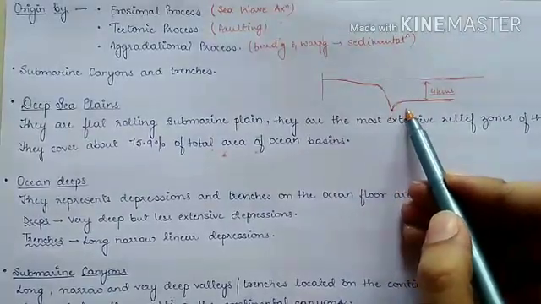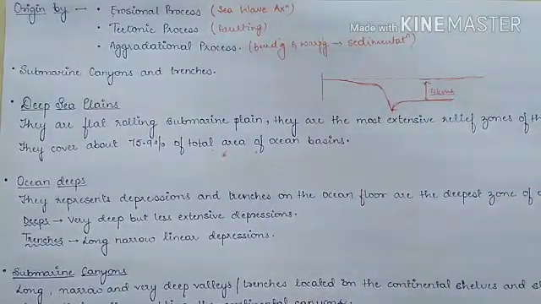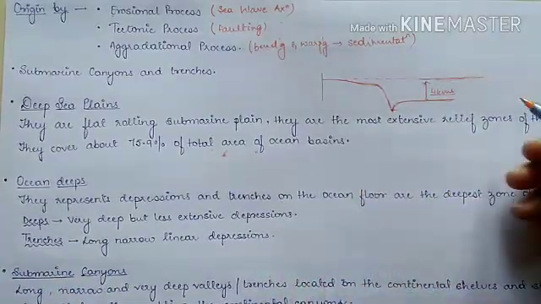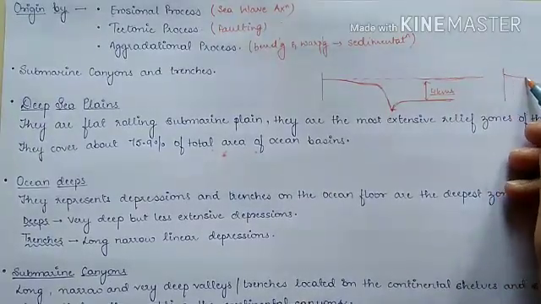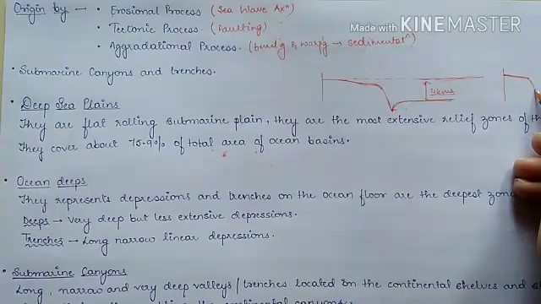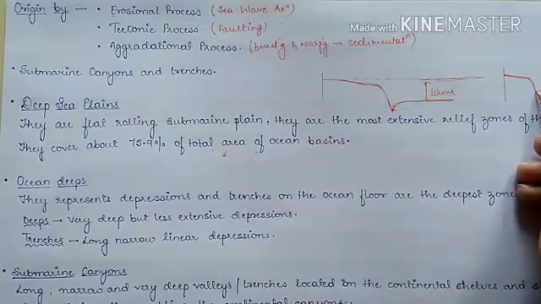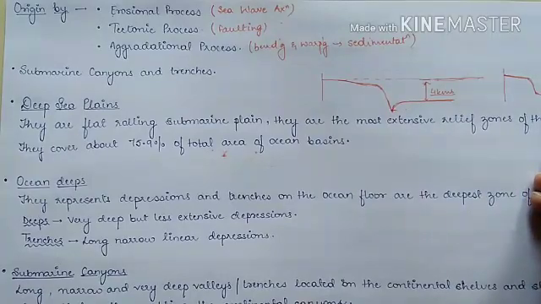So these trenches are formed in convergent or active continental margin, or if they are not present, we will normally have continental shelves. After the continental margin, we will have continental slope, then continental rise, and then abyssal plain.